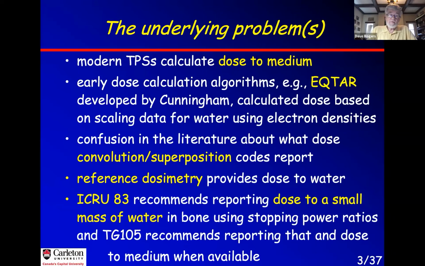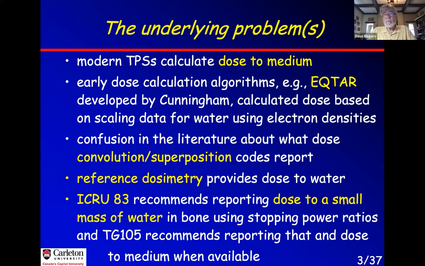And to further complicate things, ICRU 83, which was a report back in 2011, talking about IMRT radiotherapy mostly, recommended reporting the dose to a small mass of water in bone using stopping power ratios.